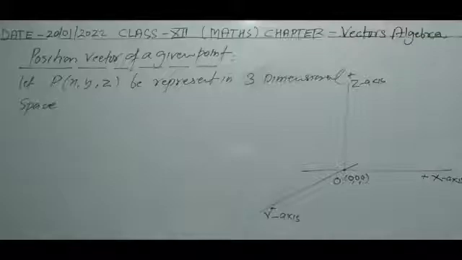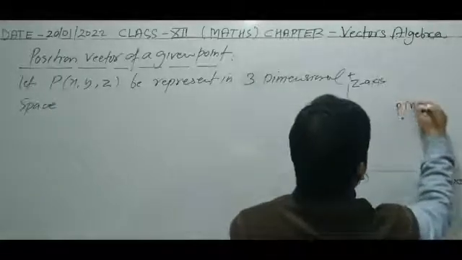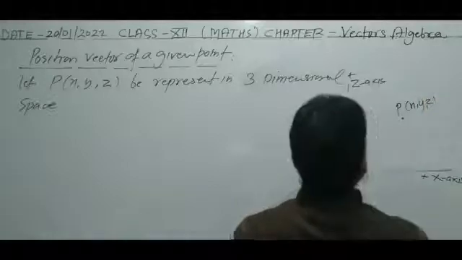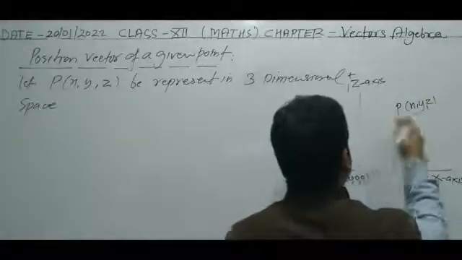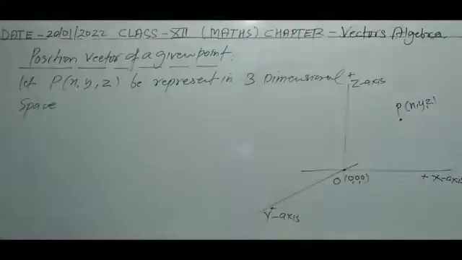Now you will see we have considered a point P having coordinates x, y, z, and the position vector of the point P with respect to origin O.